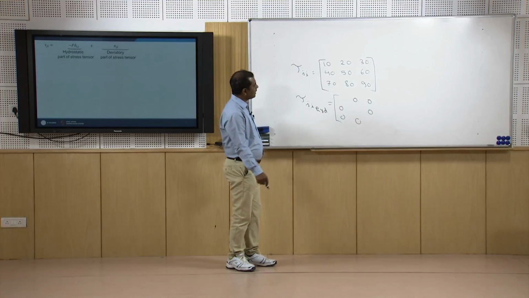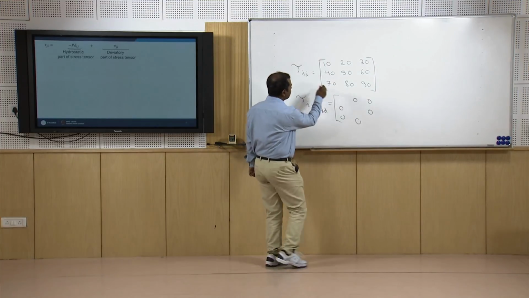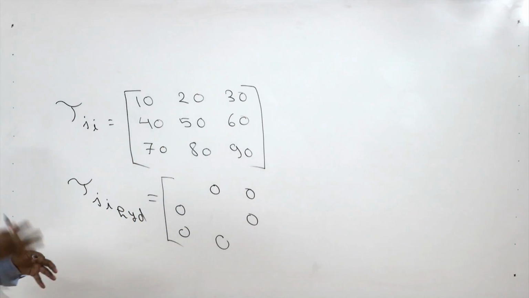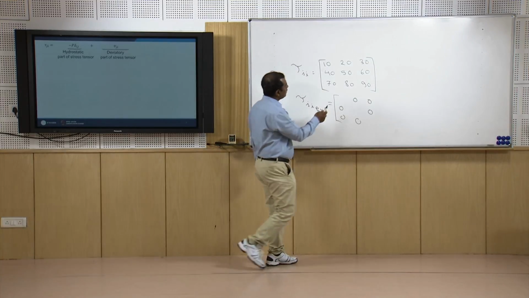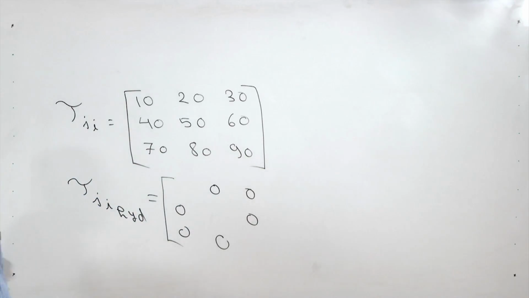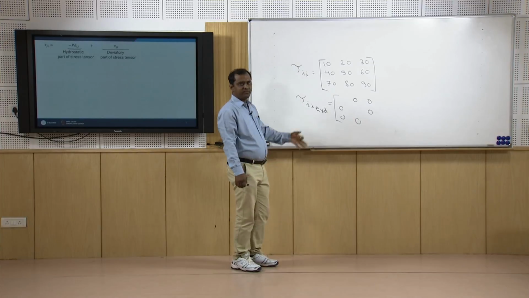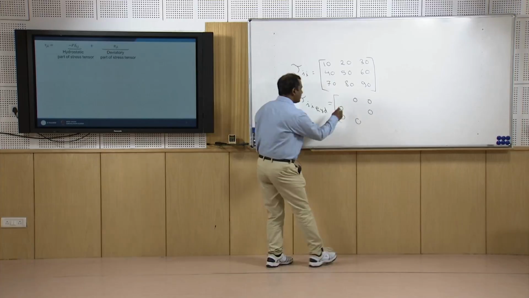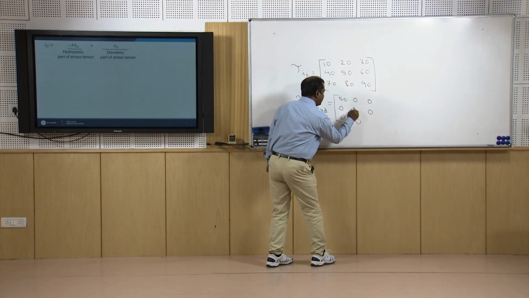Now, what are these diagonal terms? From your original stress tensor, if you see the diagonal terms, add those and divide it by 3. So, here what we get, 10 plus 50, 60 plus 90, is equals to 150. So, 150 by 3 if you do, it is becoming 50. So, here all the diagonal terms will be equivalent to 50.